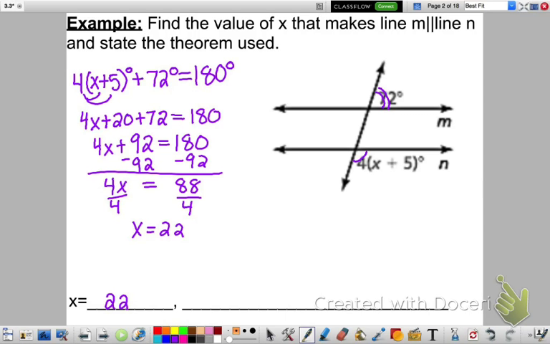Because these are consecutive exterior angles, we use the consecutive exterior angle theorem. We will say we used the consecutive exterior angles theorem.